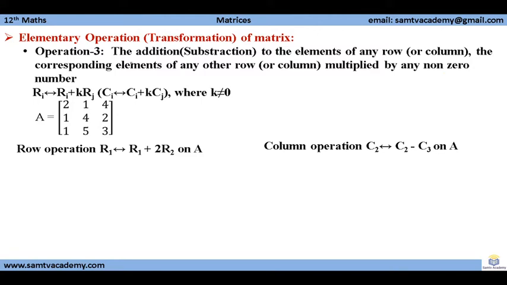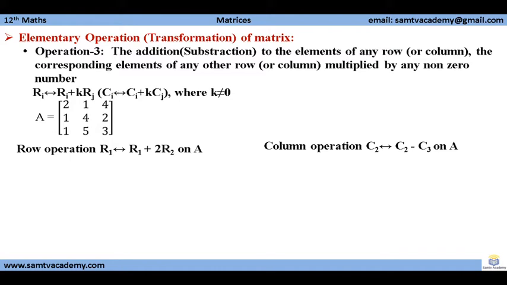If we want to reduce the matrix, this operation can be done, in which we replace any row. Suppose that row is Ri, we replace it with Ri plus k times Rj. It means Rj, any other row, is multiplied by a constant, then added to or subtracted from another row.